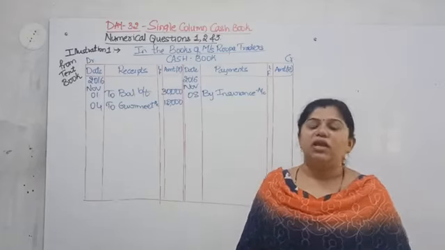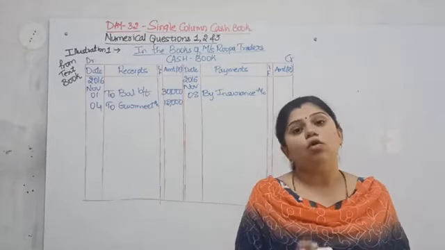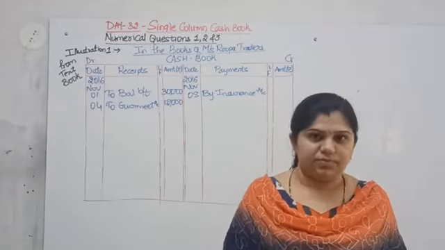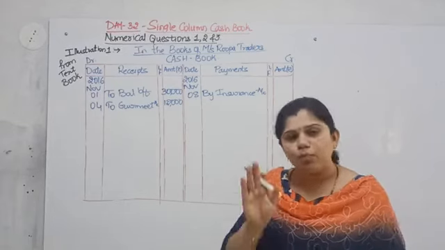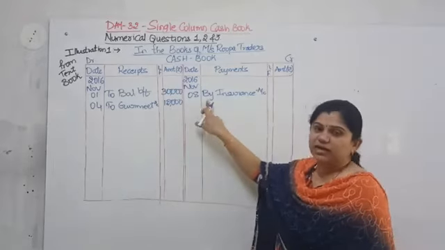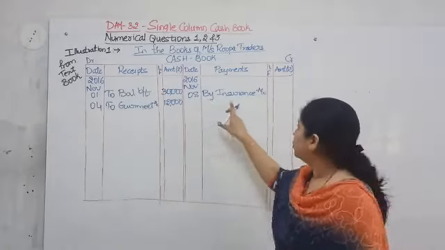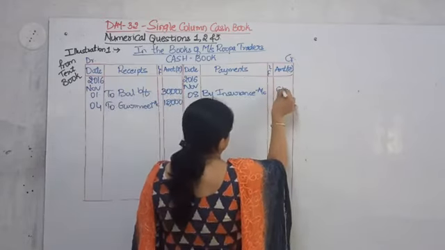NCERT syllabus ನಲ್ಲಿ ಅವರು ಏನು ಹೇಳ್ತಾರೆ? ನೀವು to and by ಬರೀಲಿಕ್ಕಂದ್ರೆ ನಡೀತೈತೆ ಅಂತ ಹೇಳ್ತಾರೆ. But once you will go to degree college, there it is compulsory. So therefore, I would suggest you all to put the habit of writing to and by. Debit side to ಅಂತ ಬರೀತೀರಿ, credit side ನಲ್ಲಿ by ಅಂತ ಬರೀತೀರಿ. Okay? So by insurance account, what is the amount? See, amount is equal to rupees 6,000.